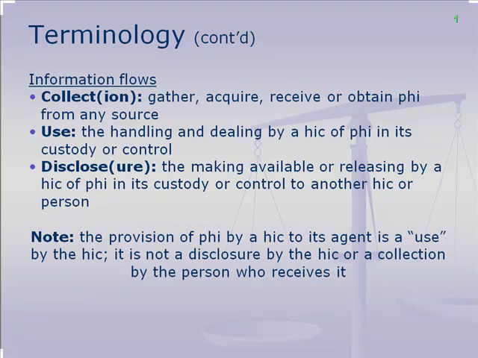So when you're looking at what can be done between a HIC and an agent with respect to PHI, that's the use context. It's not a disclosure. So we'll look at some examples later on, but from a terminology perspective, that's an important point to look at.